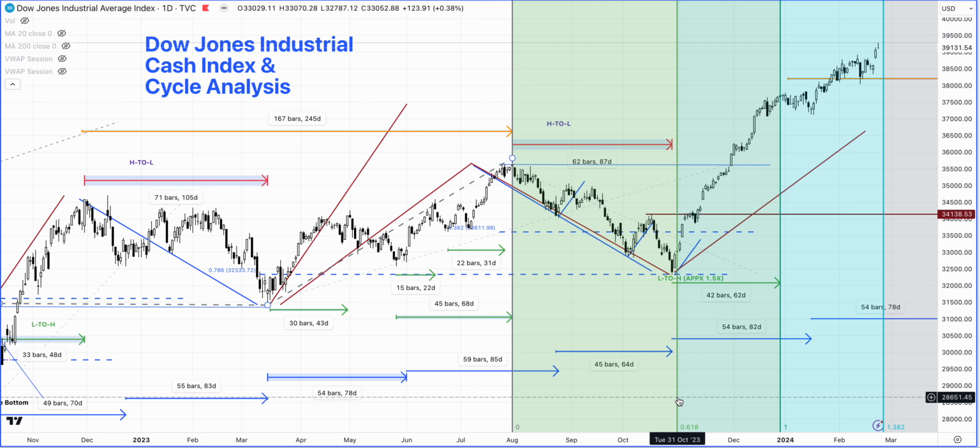It wasn't a 100% exact bottom, as I mentioned that sometimes the cycles come a few days early or late, and that gives us confidence that we should also be watching for its external extension or external retracement of 1.382 as well when we get there next Tuesday, 27th of February.